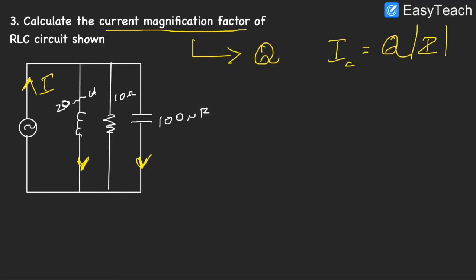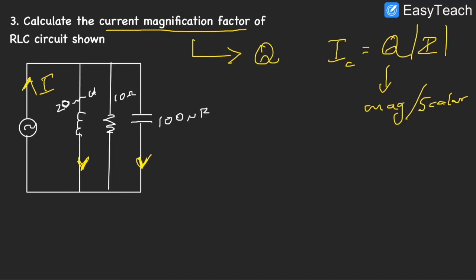This acts like a magnification or a scalar value, so that's why it's called the current magnification factor when it comes to parallel circuits.